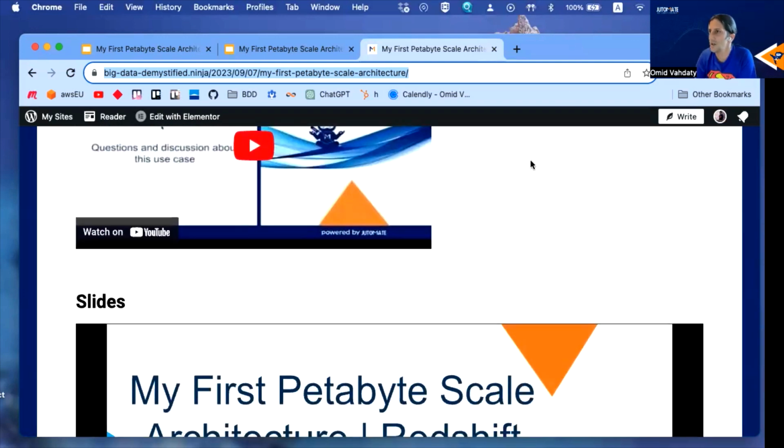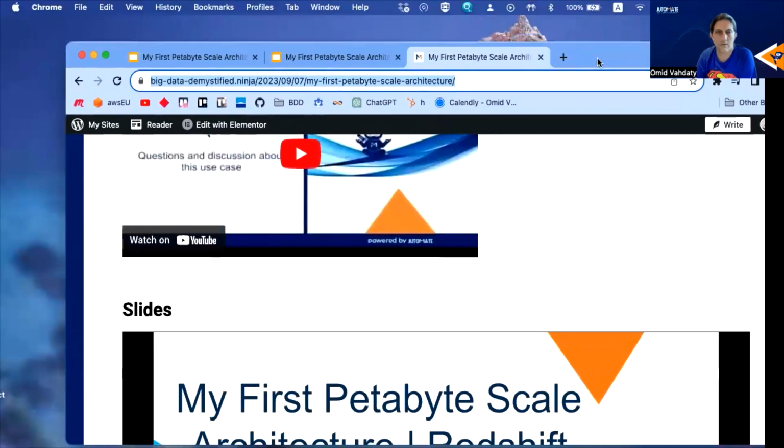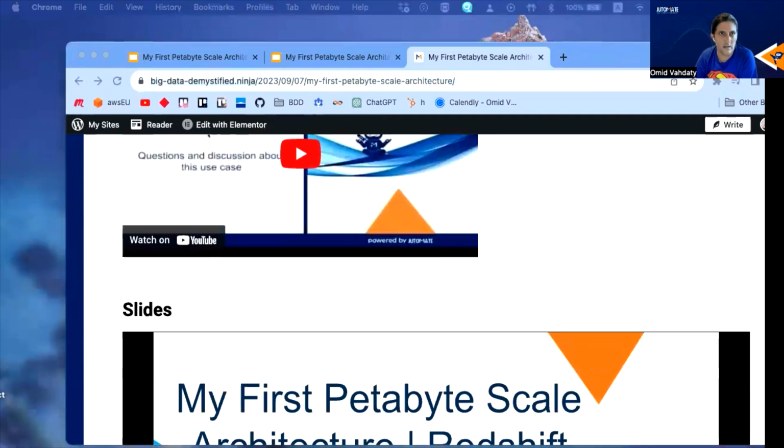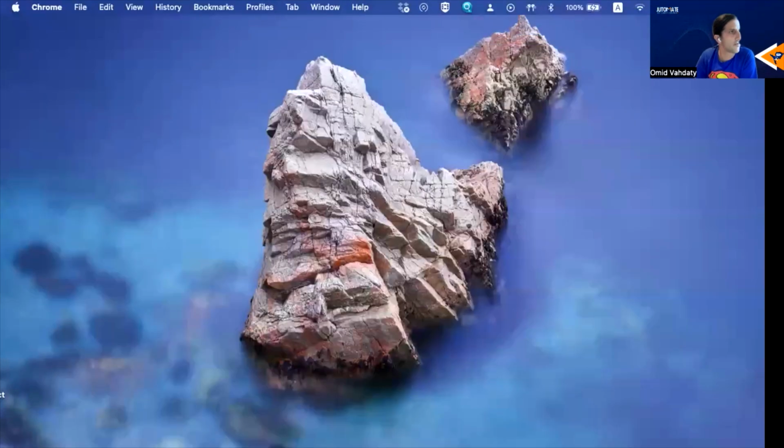One second, I want to open this as well. The use case is detailed in section 1, but I'll open it so we'll have it in front of us when we discuss.